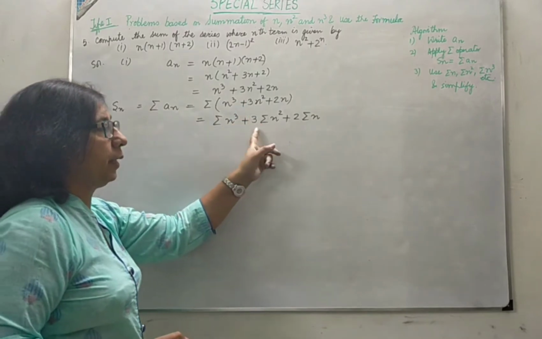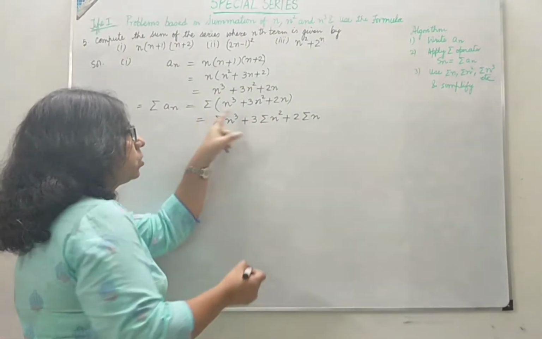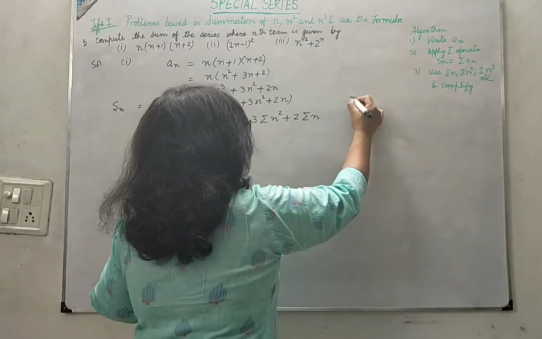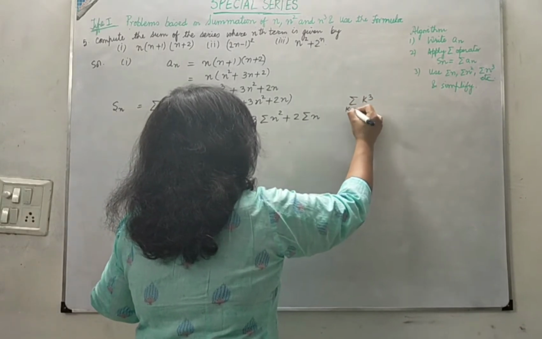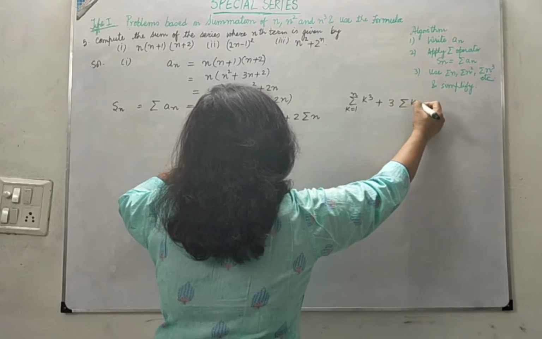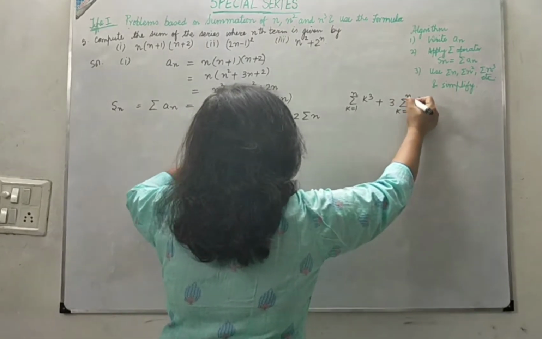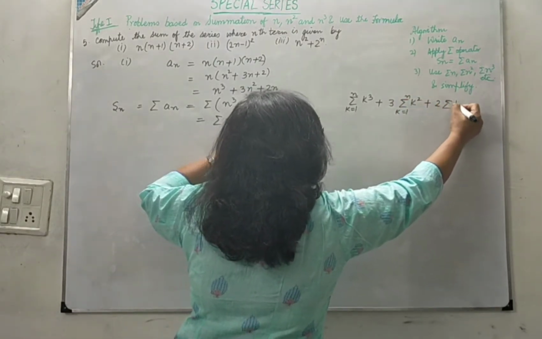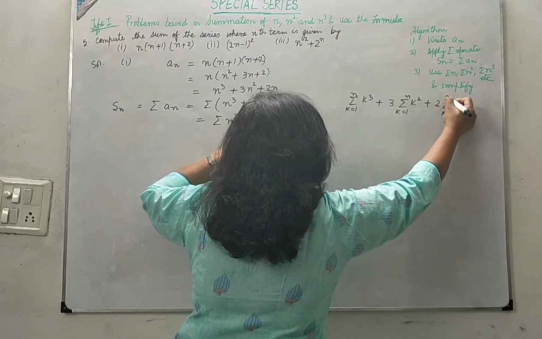The constant can be taken out of the sigma sign because it is not on k. Actually, this is sigma k cube, k running from 1 to n, and then 3 times sigma k square, k running from 1 to n, plus 2 times sigma k, k running from 1 to n.